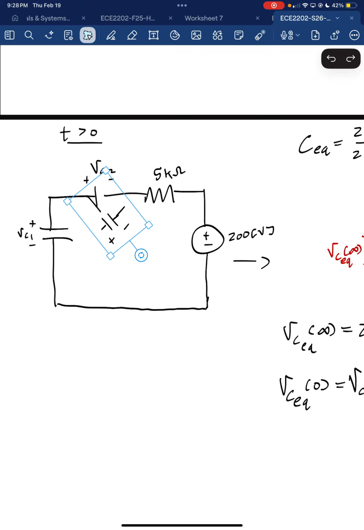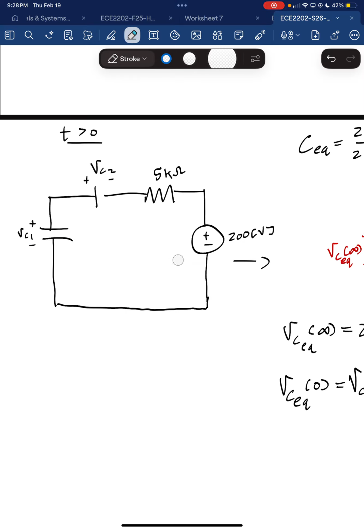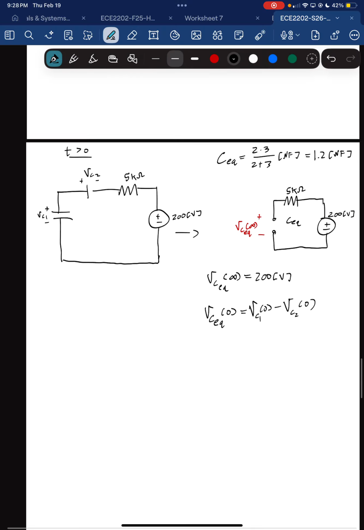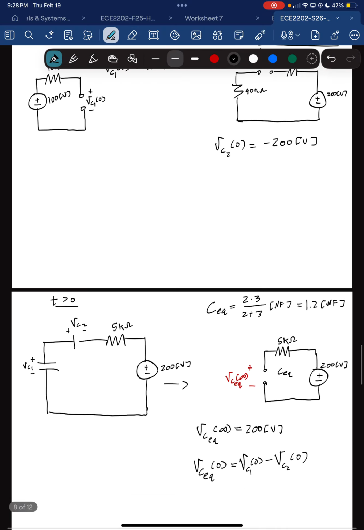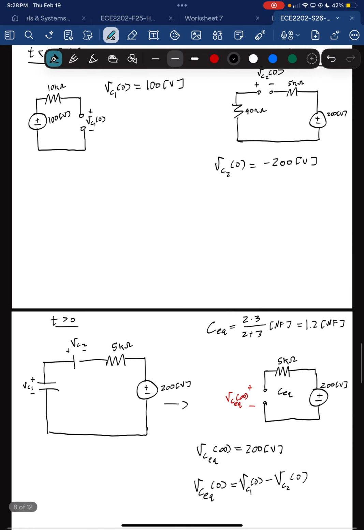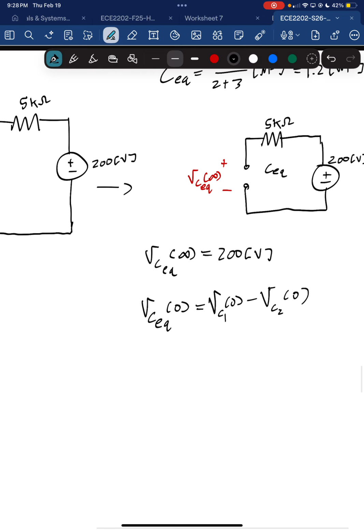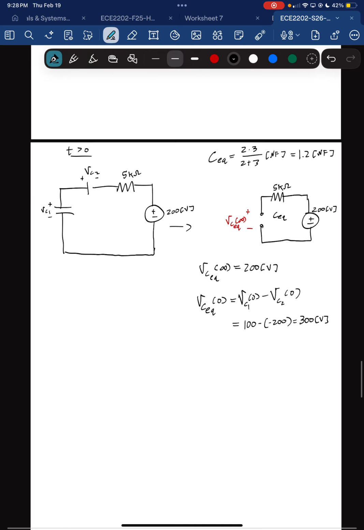Oh, yeah, I can. Like rotating it along like this. You see how it's going the opposite direction of the other one? We're going to subtract it. Okay, so that means VC equivalent of 0 is going to be 100 minus negative 200, which is 300 volts.